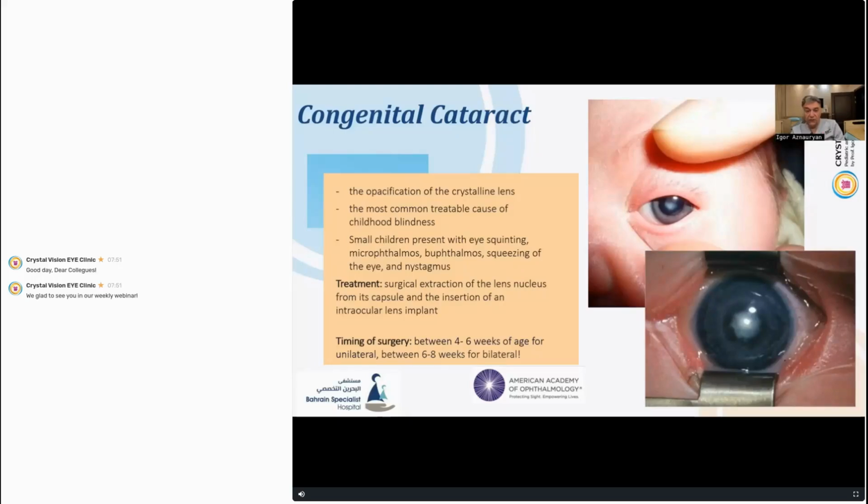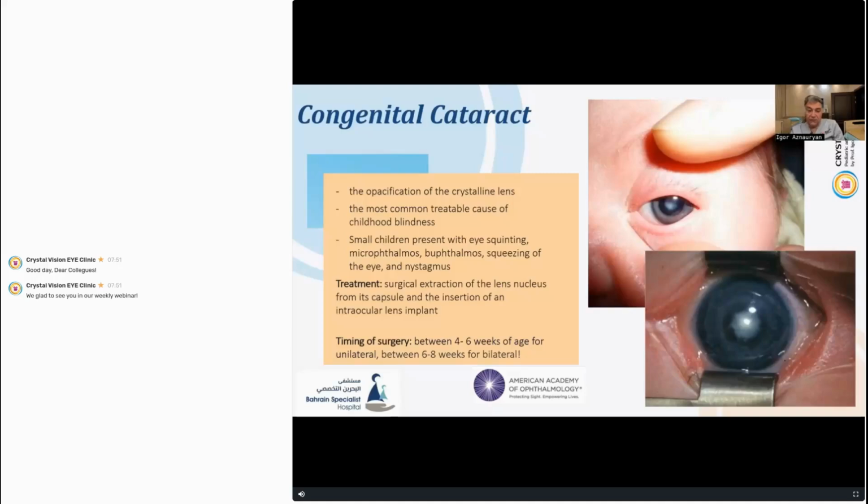No later, otherwise amblyopia begins to develop sharply, which is then very difficult to treat. Very difficult. If it is bilateral, then the surgery should be done no later than 8 weeks. And under no circumstances should surgical intervention be delayed.